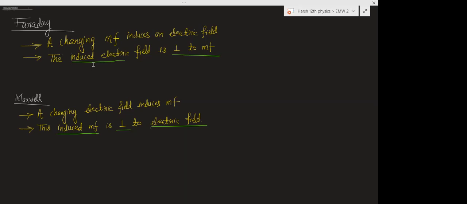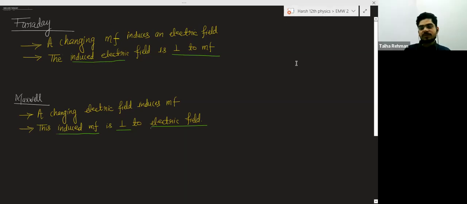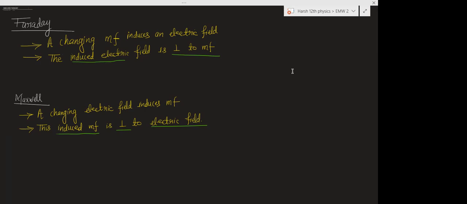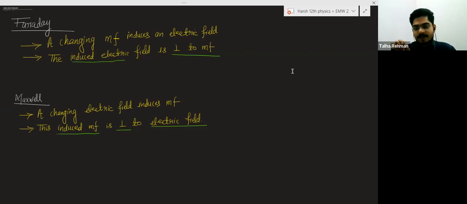So now we will discuss the source. What is the source of electromagnetic wave? An accelerating charge. If a charge is moving, there is an electric current due to that charge, and a moving charge also produces a magnetic field.